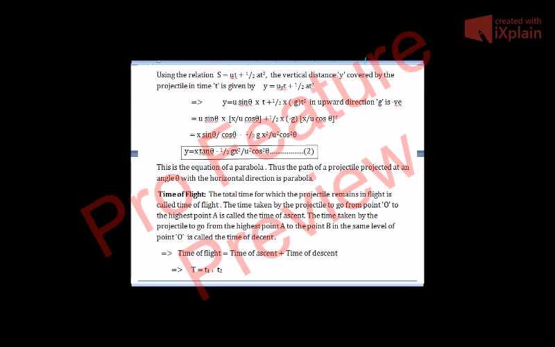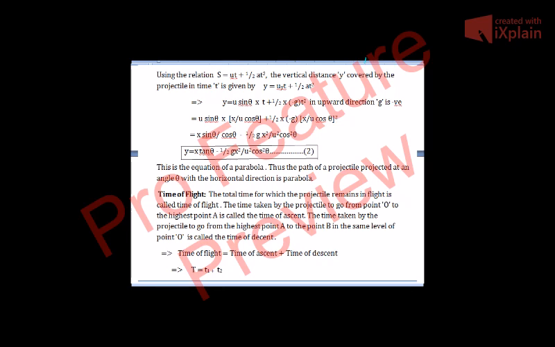The time taken by the projectile to go from point O to the highest point A is called the time of ascent. Then the time taken by the projectile to go from point A to the point B in the same level of the point O is called the time of descent. Ascent means to go up, descent means to come down.